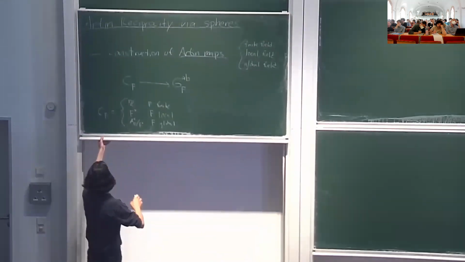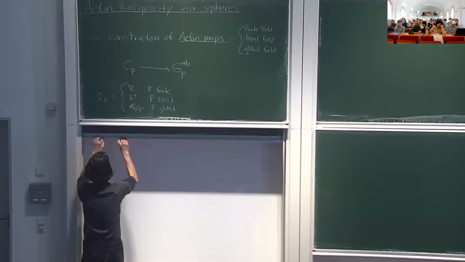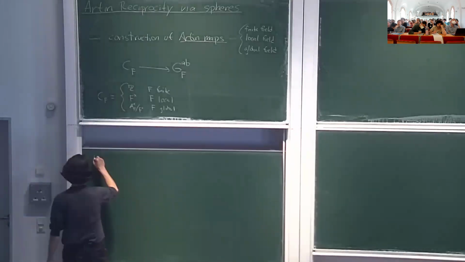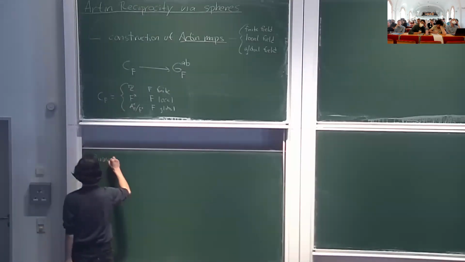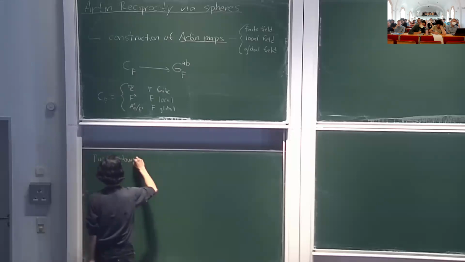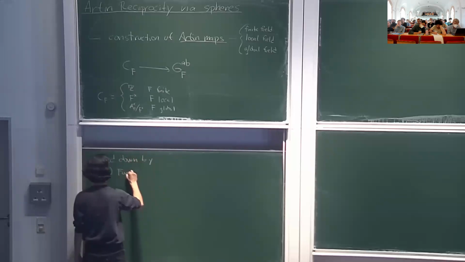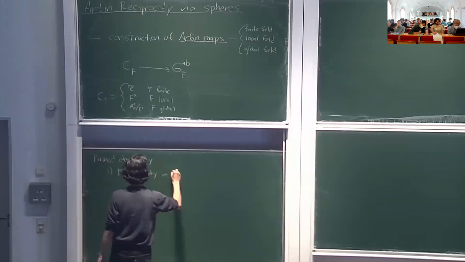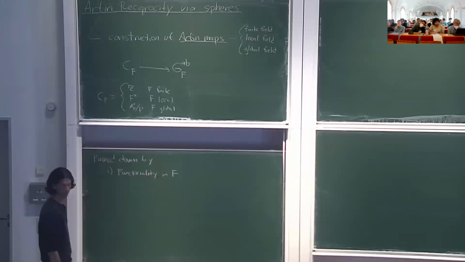And of course, it should satisfy certain properties, which pin it down uniquely. So first there's kind of a functoriality in F. Well, I don't want to be too precise about all this, but there's kind of two kinds of functoriality.